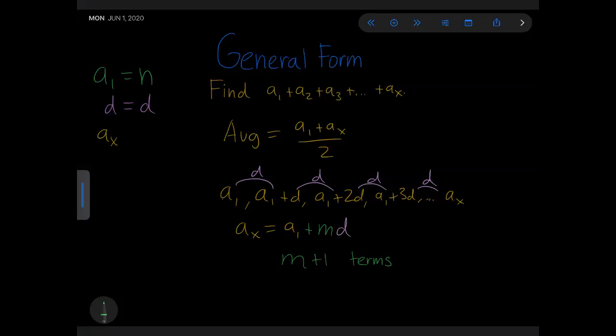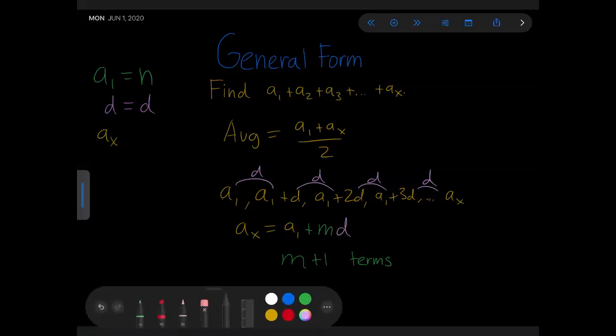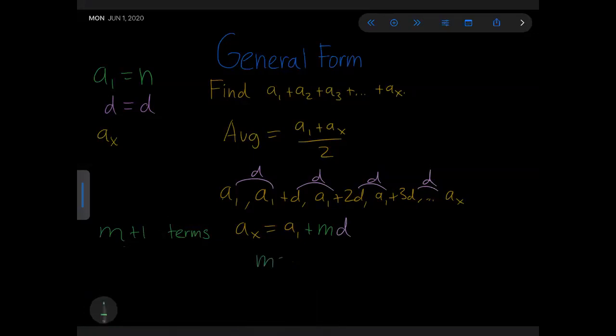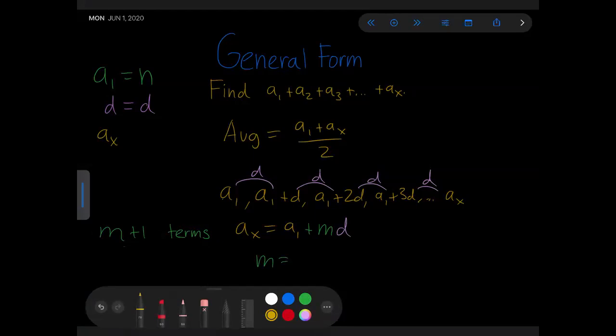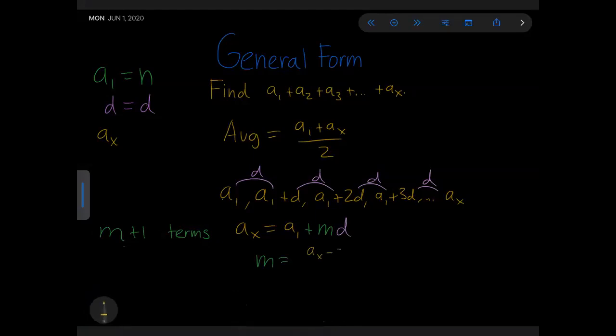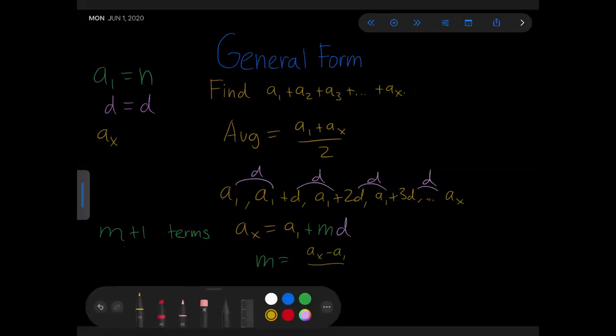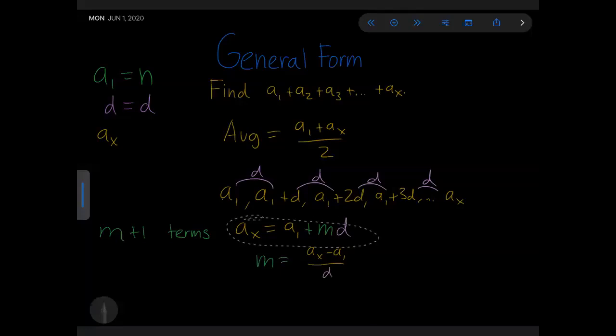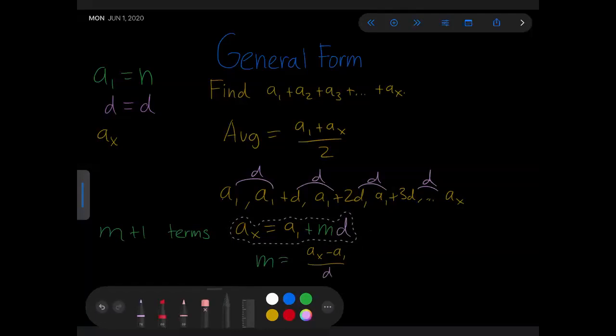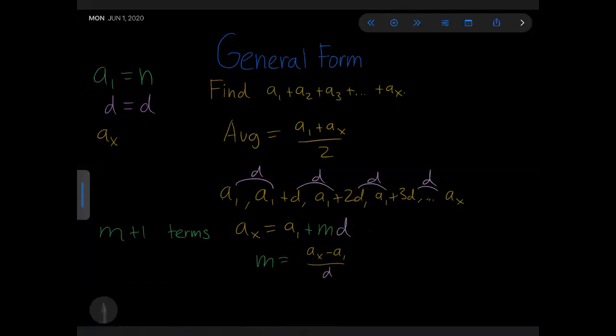So how would you define how many terms there are? Let's solve for m. We can isolate m from the sequence, and we get that m is equal to ax minus a1 over d. That just comes from solving for m from this. So let's multiply these together. Is everyone with me here?